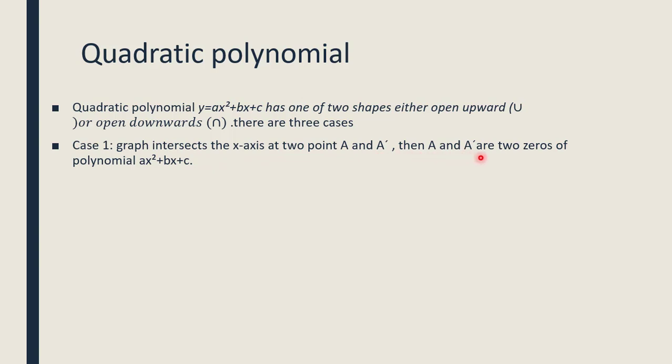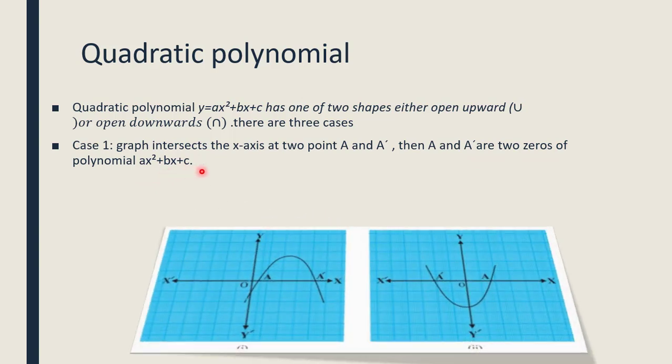Then A and A' are the two zeros of the polynomial ax^2 + bx + c. In this graph, we can see A and A' are two points where the graph intersects the x-axis. So the zeros are A and A'. This graph is downward and this upward.